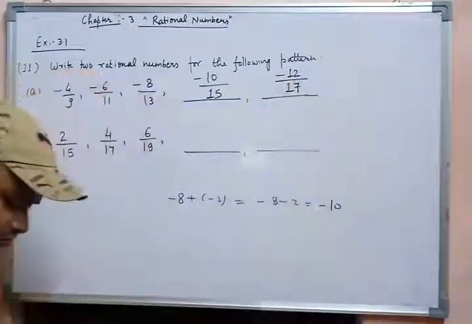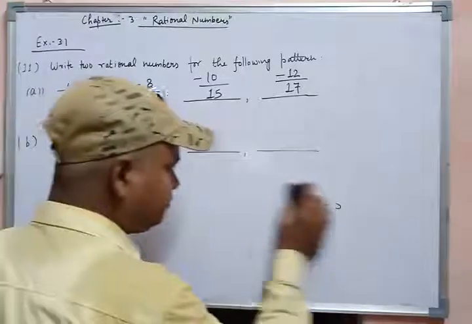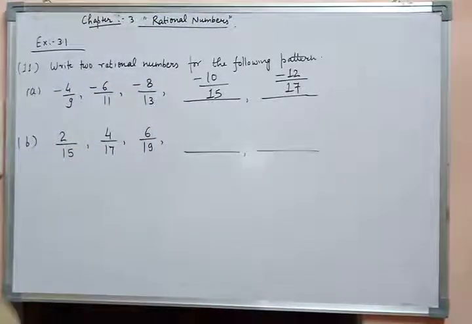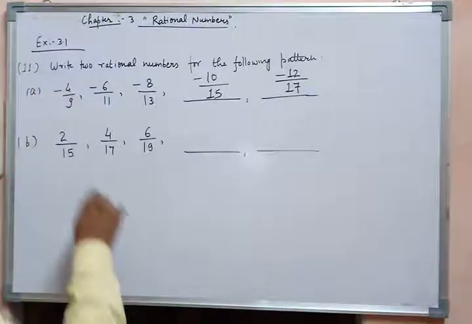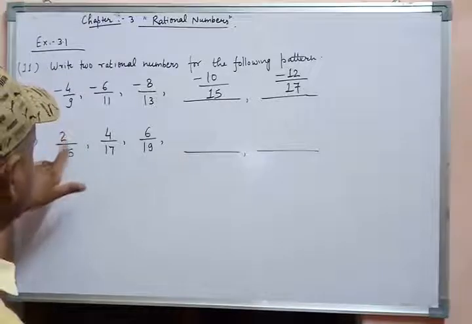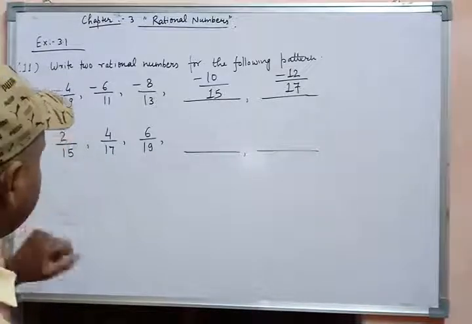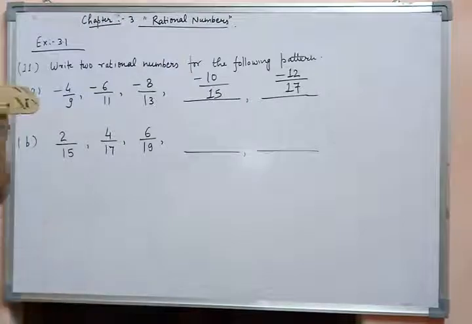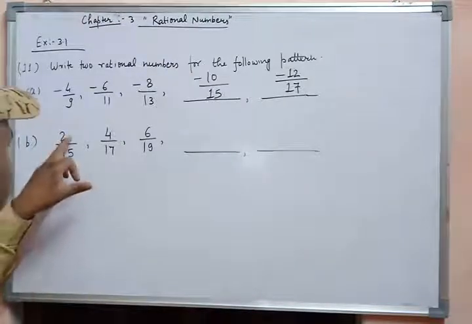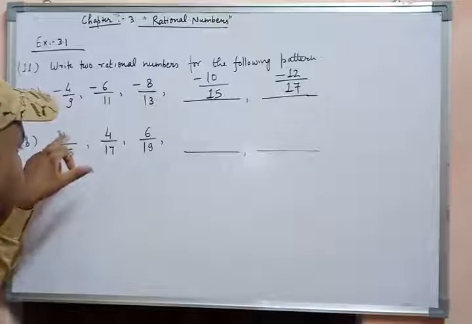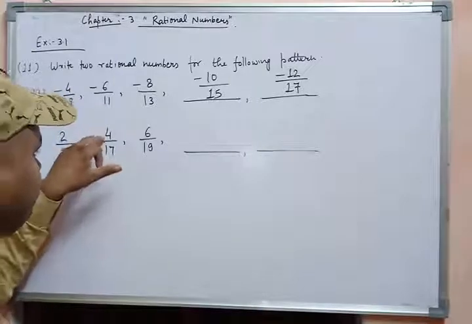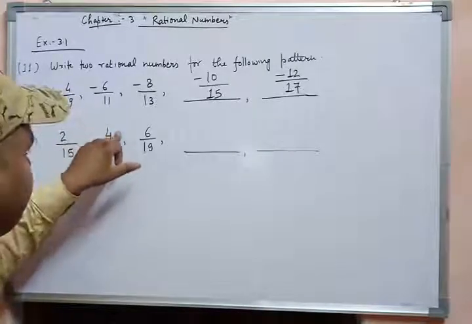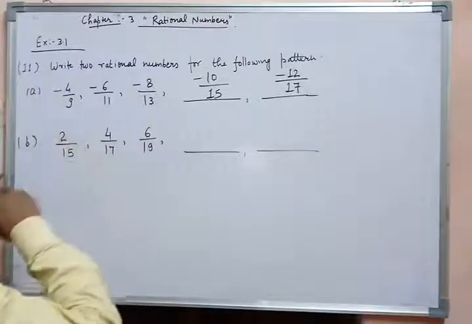Okay, students, this type of pattern is given in question number 11, first part. In the same way we apply the same pattern here. We can say that 2 upon 15, 2 is a positive integer, 15 is a positive integer, so this is also a rational number. Here if we add 2 in 2, then we will get 4. If we add 2 in 4, then we will get 6.